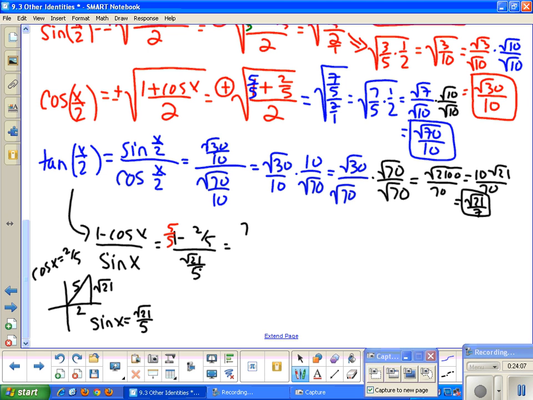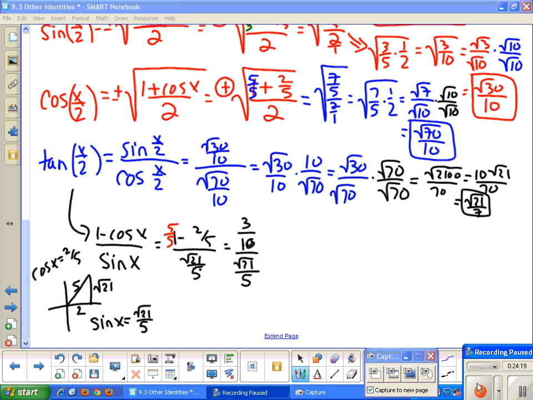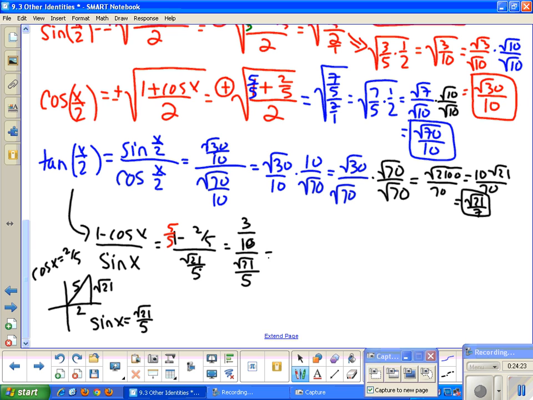When I do that, I get 3/10 over root 21 over 5, which is 3/10 times 5 over root 21.